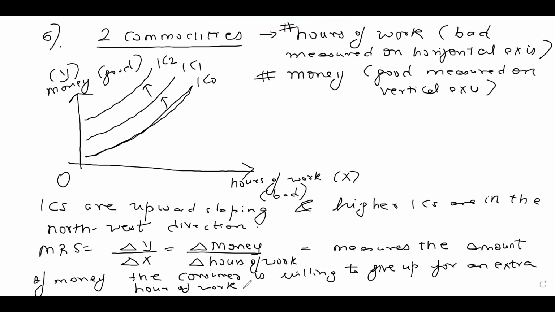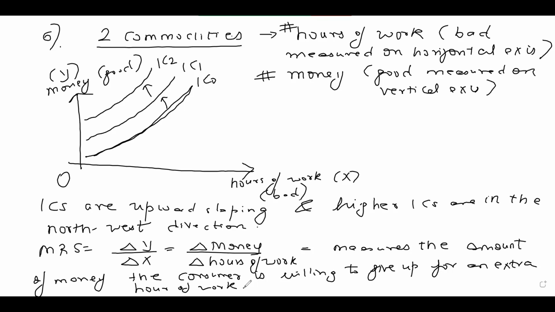Now if you look at the MRS in this case, will it be positive or will it be negative? So first of all, I have explained part A. Now, will MRS be positive or negative?